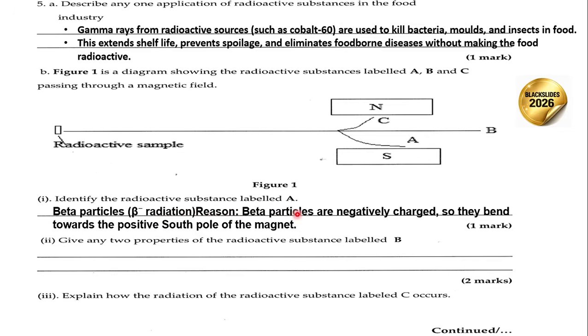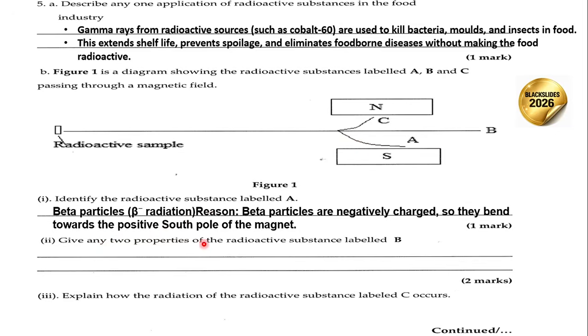The reason is because beta particles are negatively charged. Remember that, so beta particles will bend towards the positive south pole of the magnet.